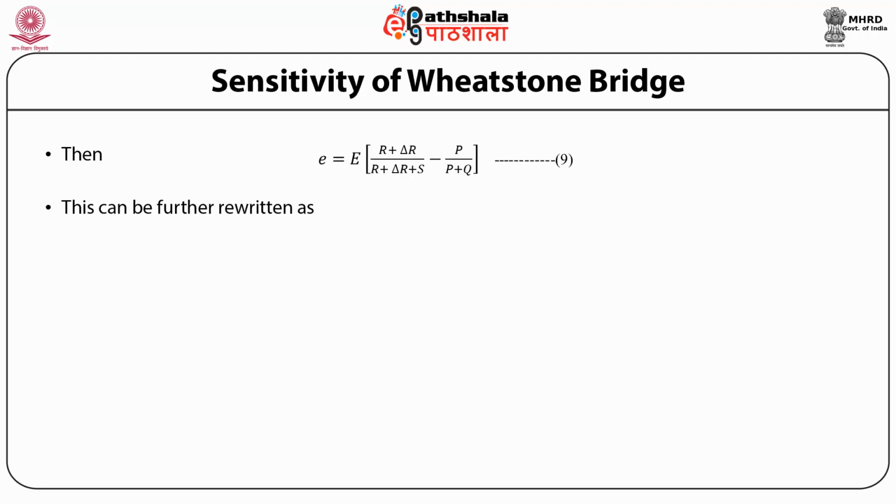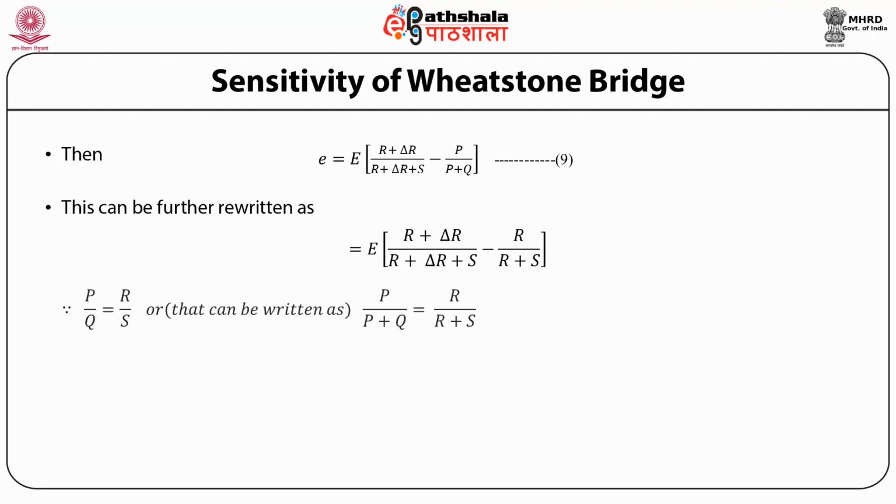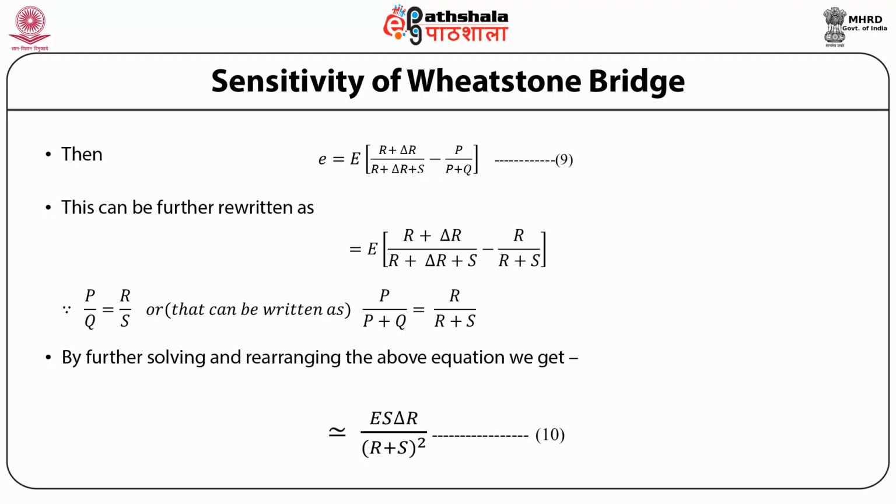This equation can be further rewritten as e equals E multiplied by R plus delta R divided by R plus delta R plus S, minus R divided by R plus S. Since P by Q is equal to R by S, that can be written as P divided by P plus Q equals R divided by R plus S. By further solving and rearranging the above equation, we get e is equivalent to E into S into delta R divided by R plus S whole squared.